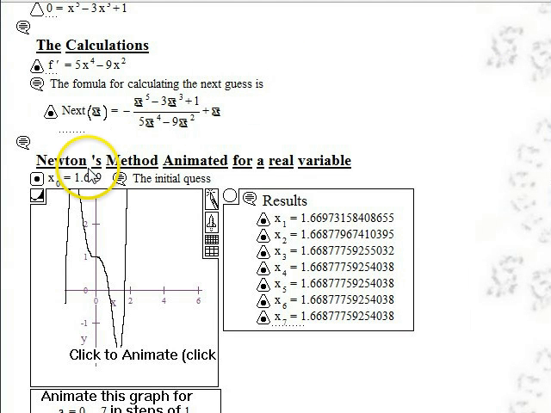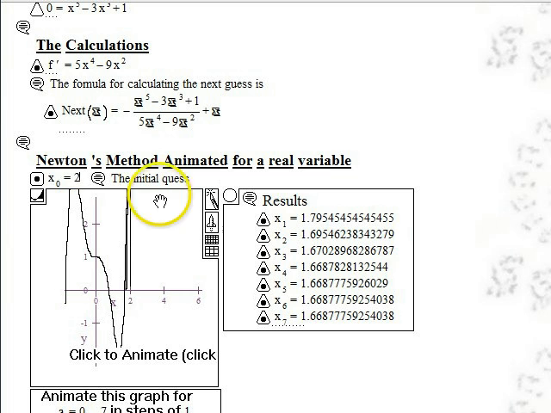Like we did before, we start with a different input value. If I want to find this intercept here just a little shy of 2, I might take a guess of 2, and it'll zoom in on that intercept.